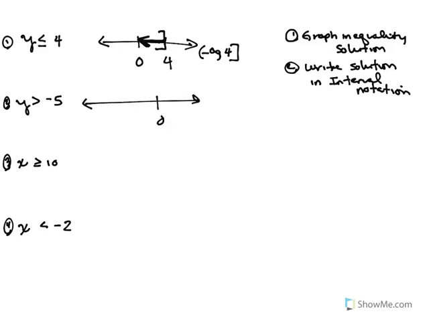Next, we have y is greater than negative 5. Okay, so mark your 0 so you always know your positive side from your negative side. Y is greater than. There's no or equal to on this problem. What does that mean for me? It means I'm going to use a parenthesis. Y greater than, well, which direction are the numbers greater than negative 5? They're facing the right, and that means that's where I'm shading.